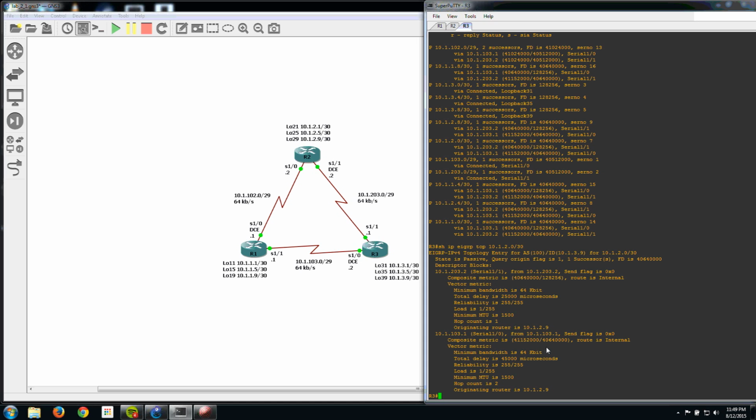The reported distance was still higher than the feasible distance, so it doesn't get put into the routing table. So that's why we have to look through the topology, even though it's an alternative path. It doesn't get injected because it's not within the correct distances to be put in there.